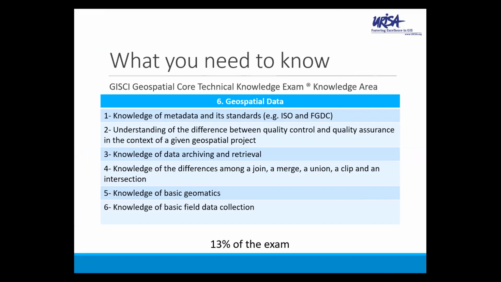To that end, one of the things that I do for the Southwest Florida Water Management District is manage our quality control team, our QC team, for both photogrammetry and LIDAR and other remote sensing projects. So we'll talk a little bit about that. The third area of knowledge regards data archiving and retrieval, data storage, the things that are required sometimes by law, state law and statute, for data storage.